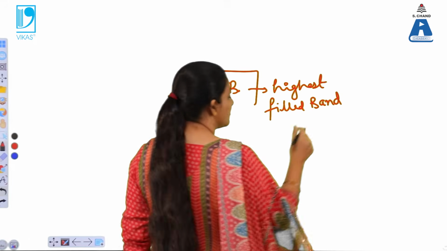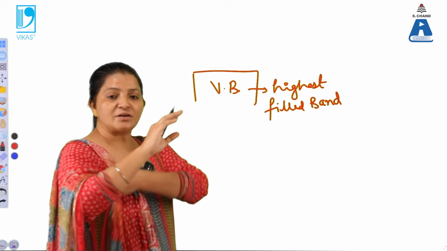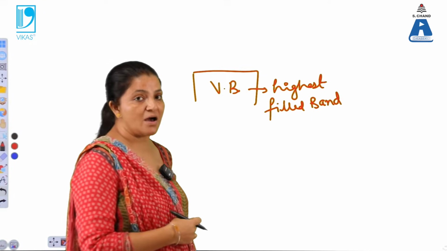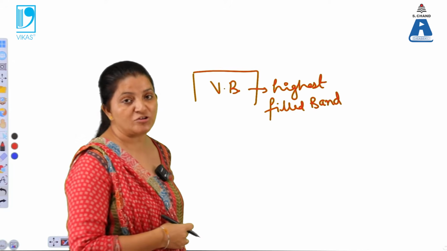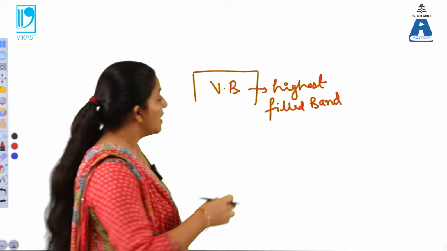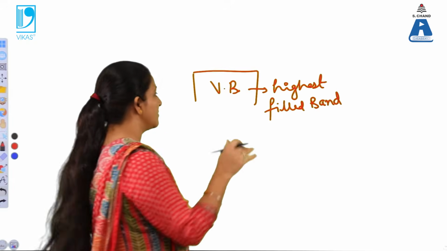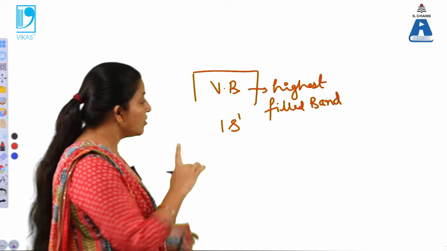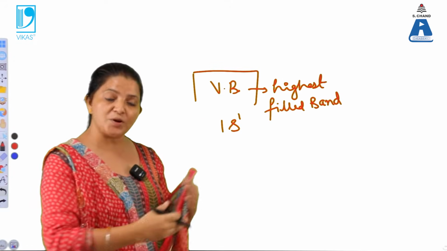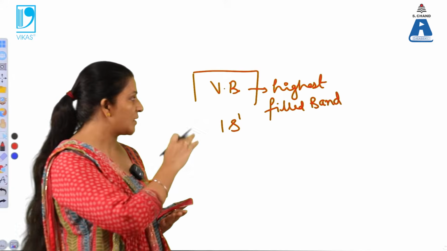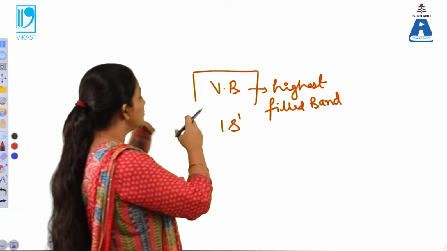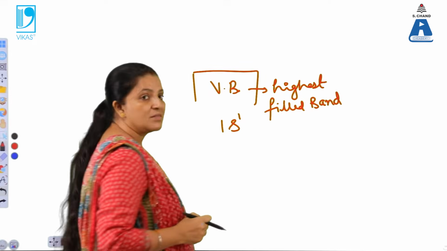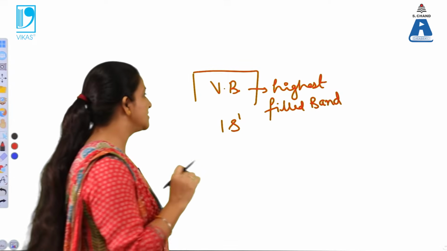If we consider 1 mole of hydrogen gas, there are 6.023 into 10 raised to 23 atoms present, and each atom has one s orbital filled with one electron. All these s orbitals superimpose on each other, as explained by band theory, and form one band. That band is known as the valence band.